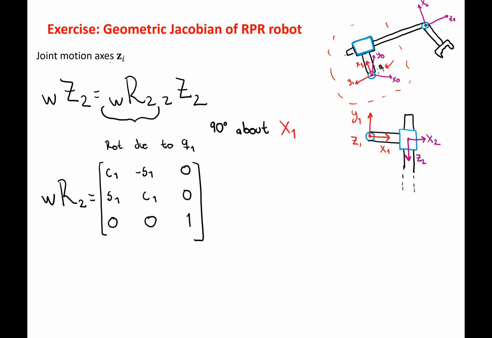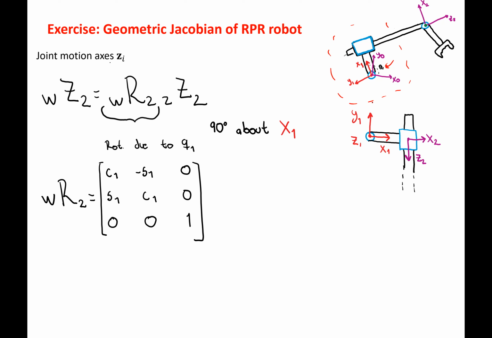Here, I'm drawing it at 0 degrees, so that it's easier to see the changes of orientation of the frame. So here we see that frame 1, the one in red, is oriented with Z1 pointing outside of the slide. Whereas the purple frame, which is the frame of joint 2, has Z pointing downwards.